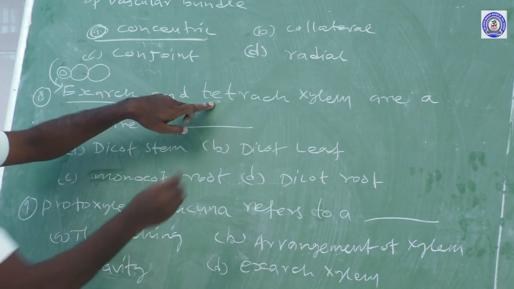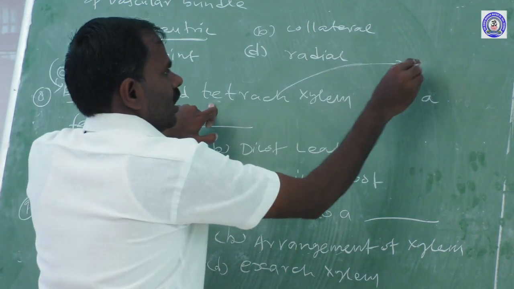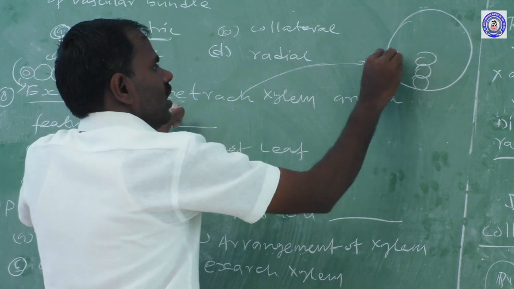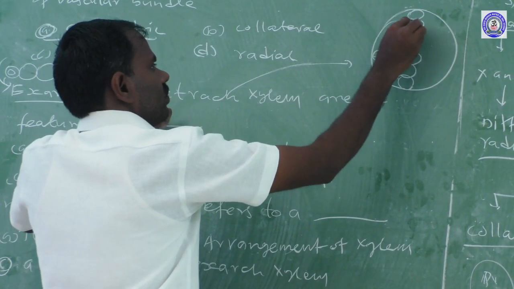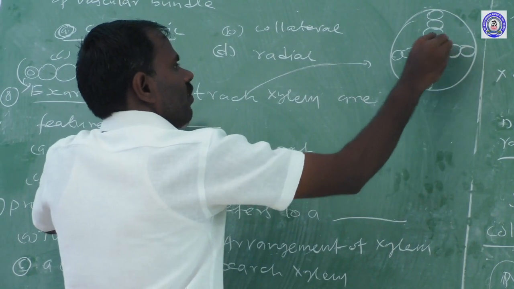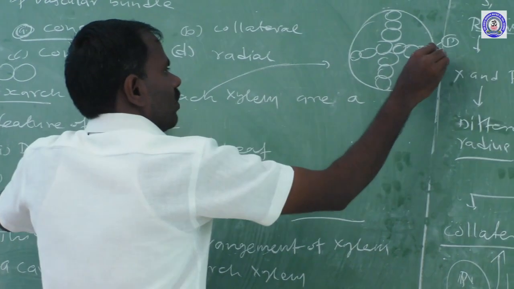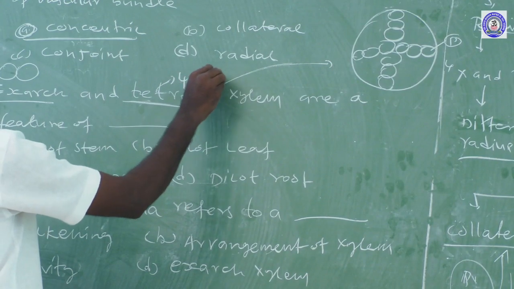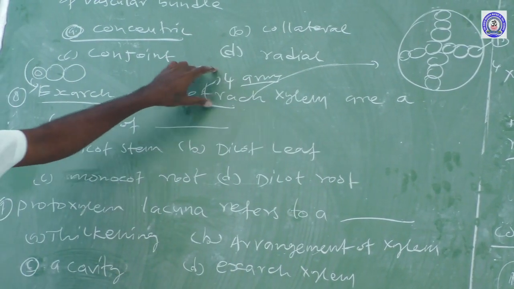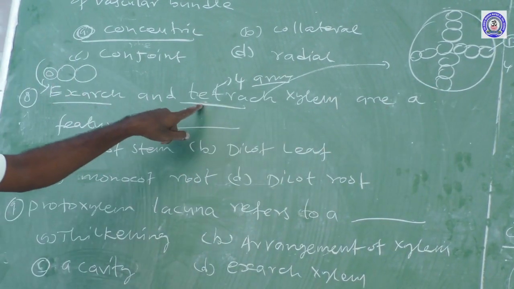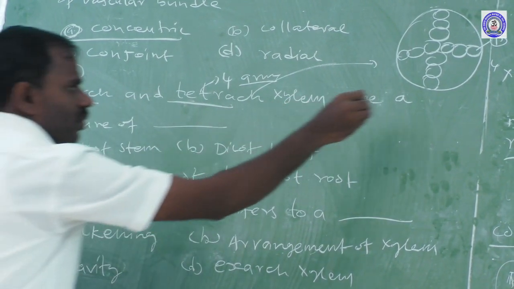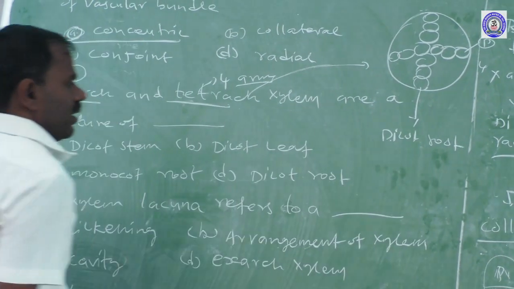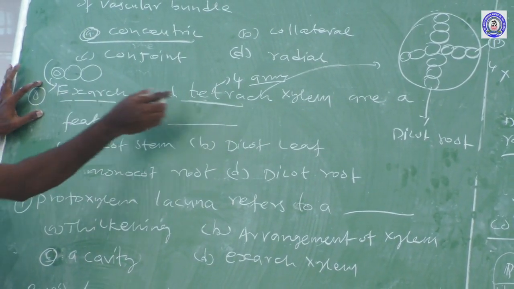Tetrarch means the protoxylem elements are present in only 4 arms. Tetrarch means 4. That type of xylem is called tetrarch condition. These are found only in dicot root.